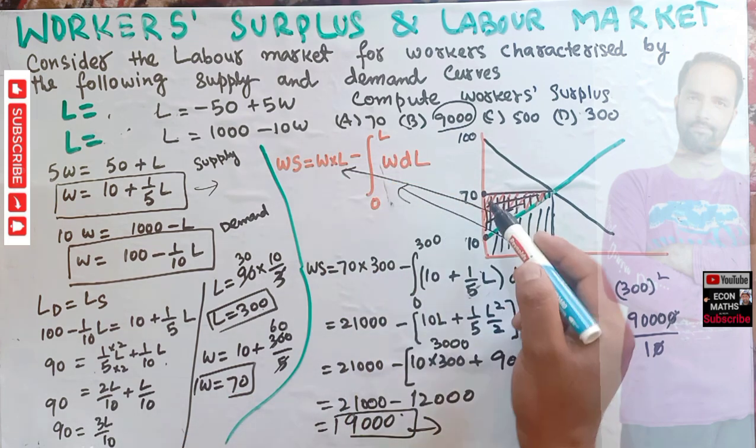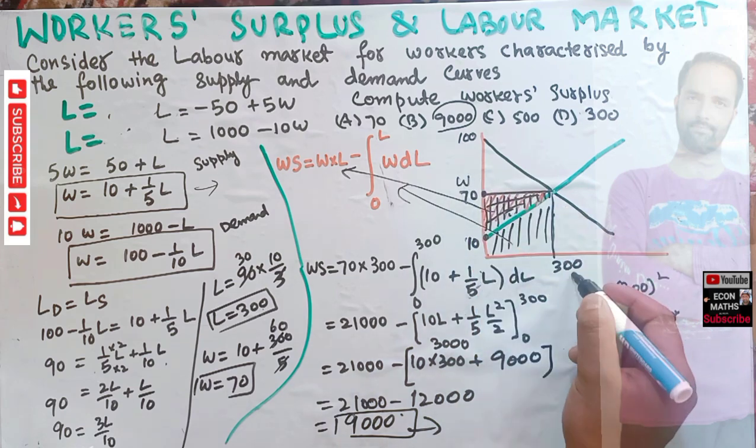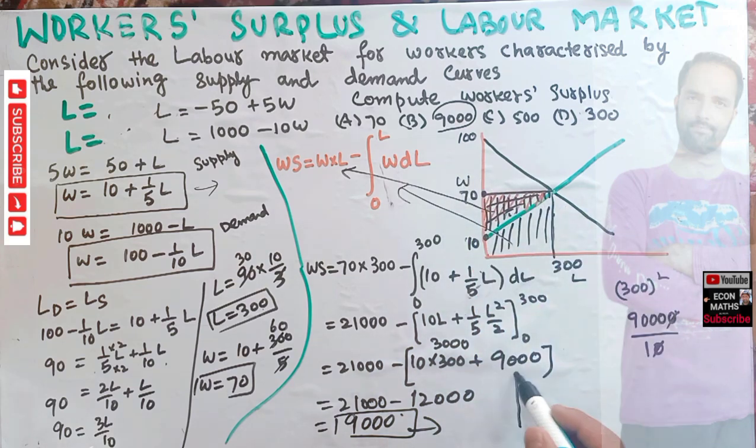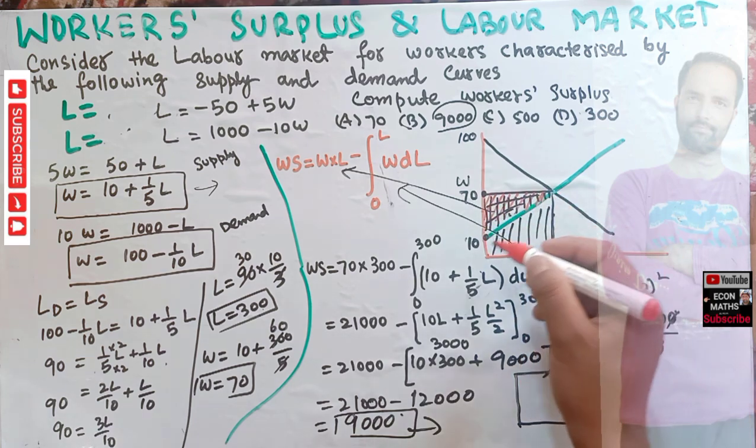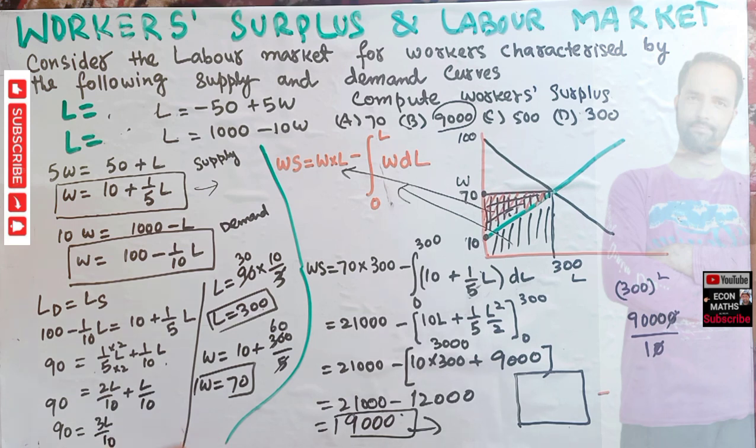This is our W, this is our L. So W into L means the area of this whole rectangle, minus, because our endeavor is to find out this triangle, we need to subtract this trapezium shaped area. If we subtract this area from this rectangle, we will be left with this triangle.